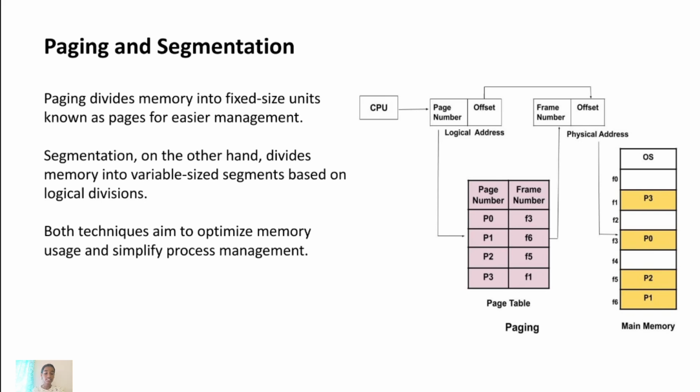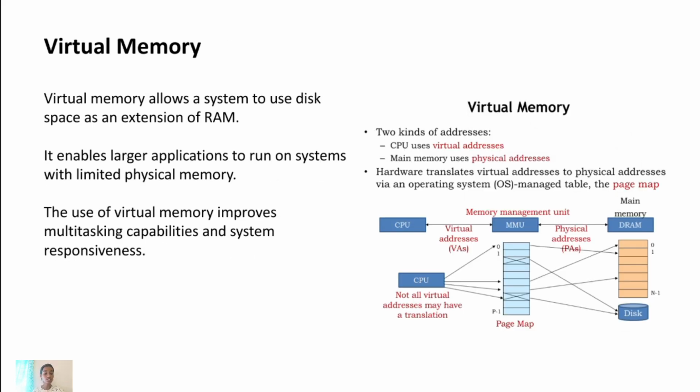The next is virtual memory. Virtual memory allows a system to use disk space as an extension of RAM, and it enables larger applications to run on a system with limited physical memory. The use of virtual memory improves multitasking capabilities and system responsiveness.